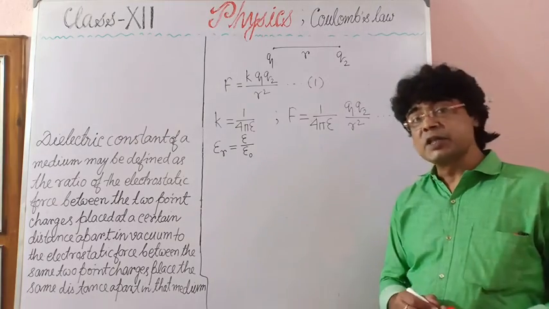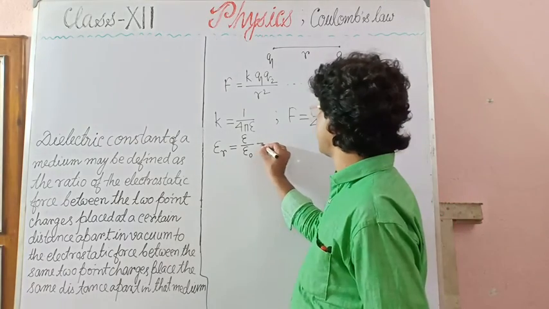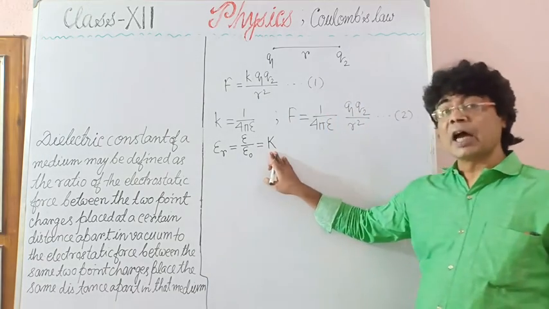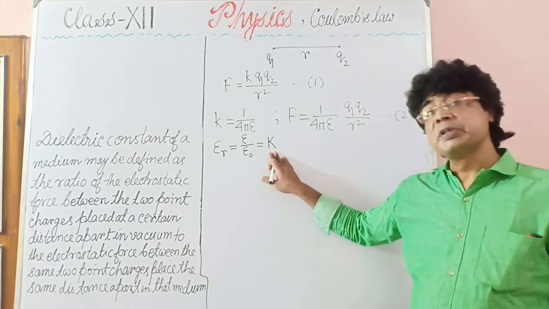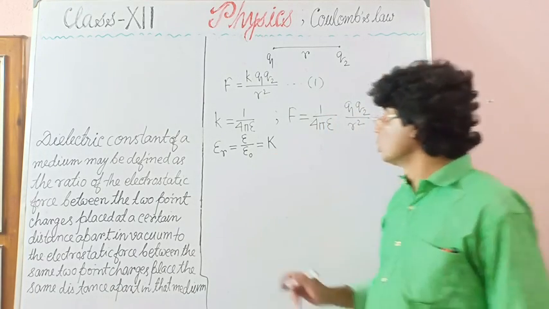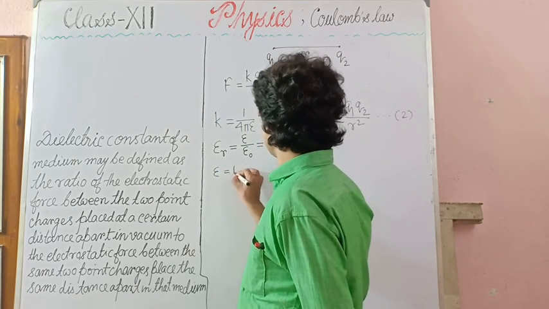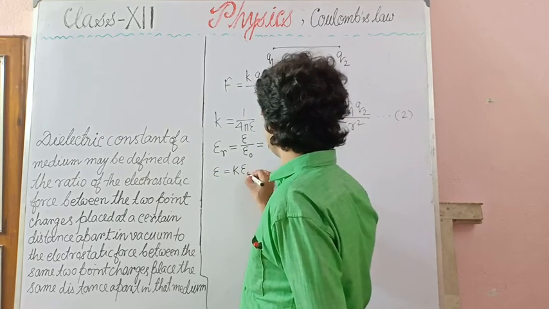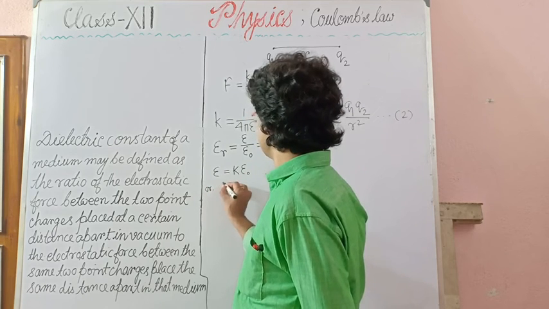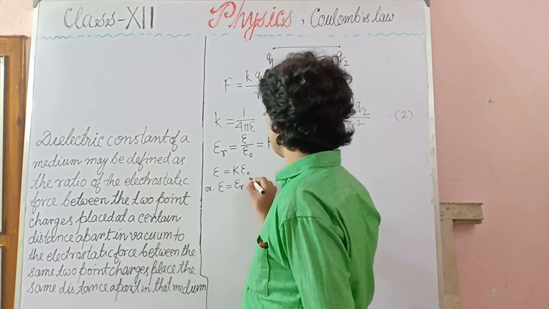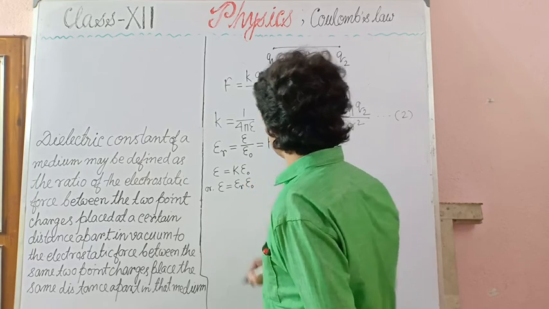Epsilon r is also denoted by K. K is called the dielectric constant of that medium. Now we can write epsilon equals K epsilon 0, or epsilon equals epsilon r epsilon 0.